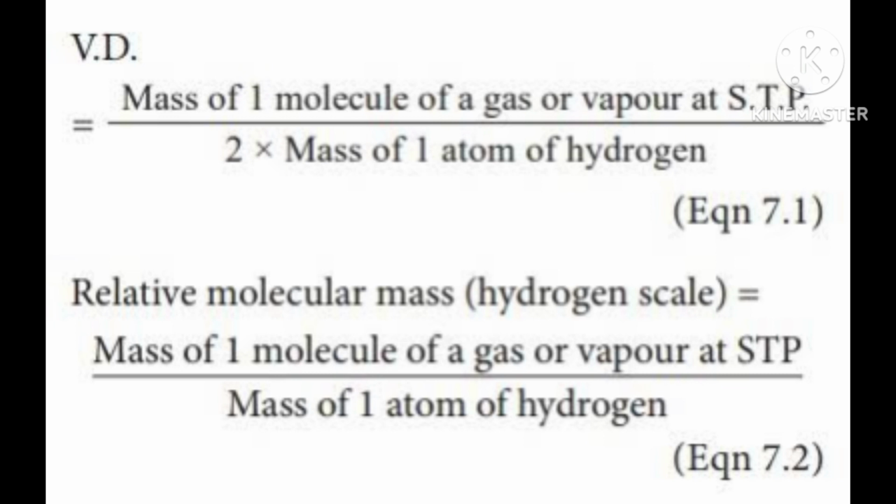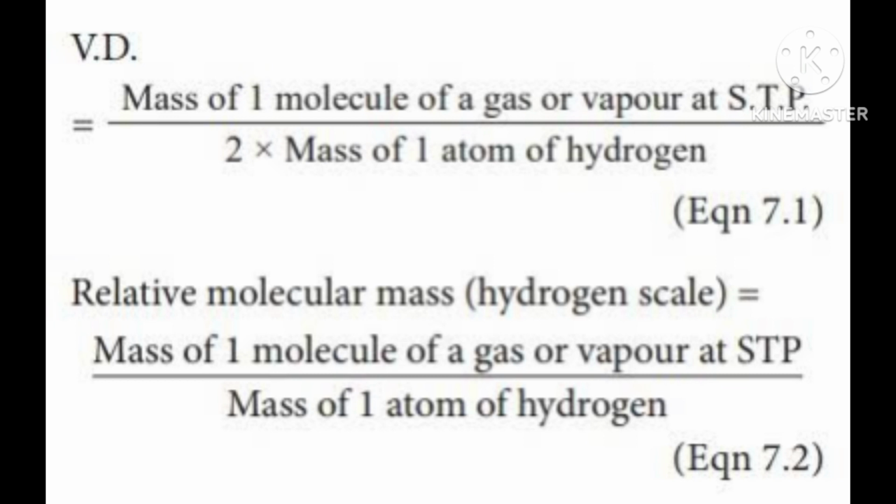If it is less than 1.5, like 1.4 or 1.3, you write 1 only. If it is more, like 0.7, 0.8, 0.9, then you make it 2. That is called the simplest whole number ratio.